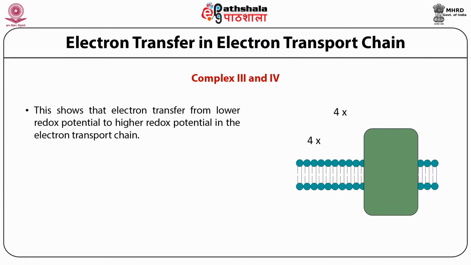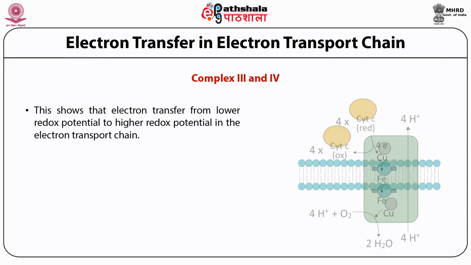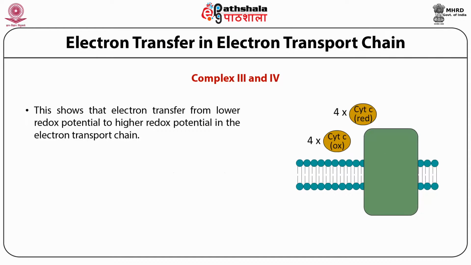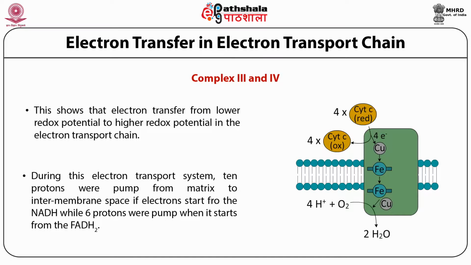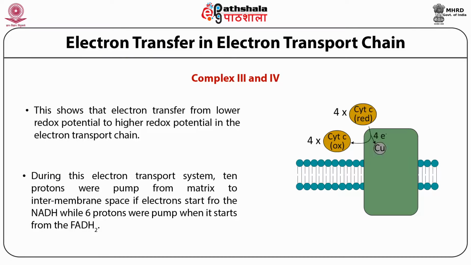This shows that electron transfer from lower reduction potential to higher reduction potential takes place in the electron transport chain, and during this electron transport system 10 protons are pumped from the first complex, third complex and fourth complex when we are starting electron transfer from NADH, or 6 protons are pumped when we are starting from FADH2 or succinate.